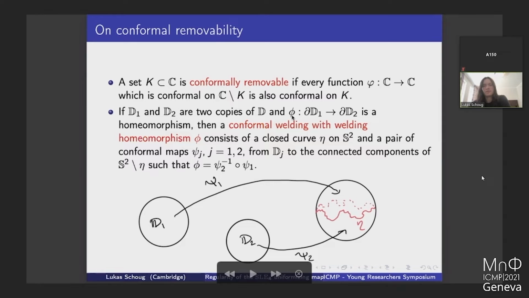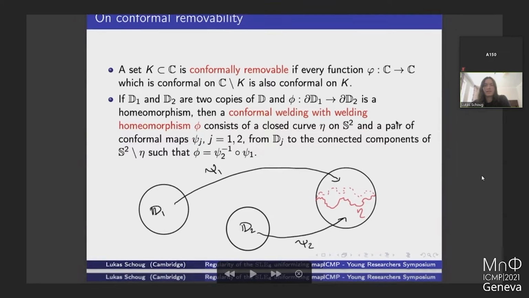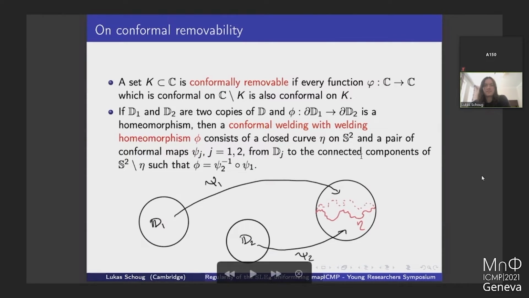You do this by taking disks D1 and D2, which are copies of the unit disk, and you take a homeomorphism between the boundaries. Then a conformal welding with welding homeomorphism phi consists of a closed curve on the unit sphere, here drawn in red, this is eta. It goes all the way around and back.